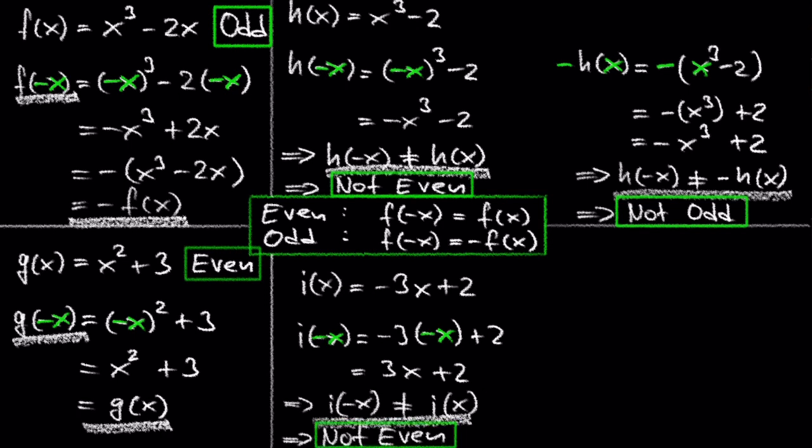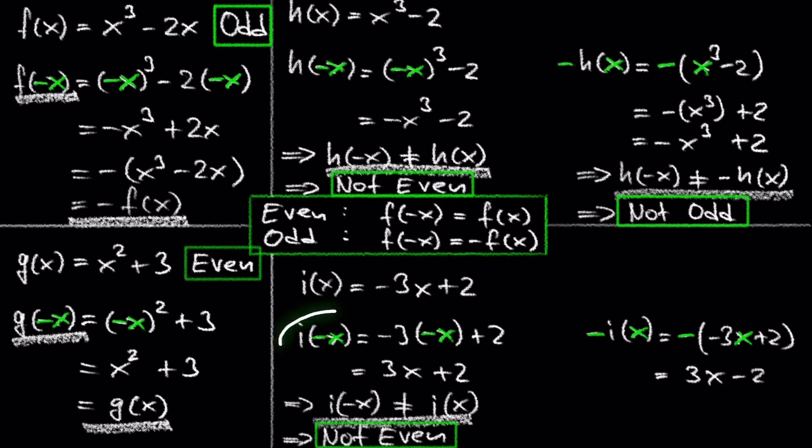Let's determine if this function is odd. The negative of i of x equals the negative of negative 3x plus 2. Recall when removing the parentheses and the negative sign in front of it, we change the sign in front of negative 3x, which then becomes 3x, and the sign in front of 2, which then becomes negative 2. So we get 3x minus 2.